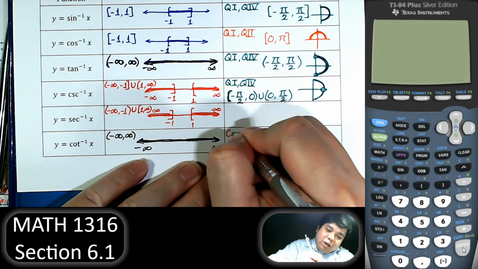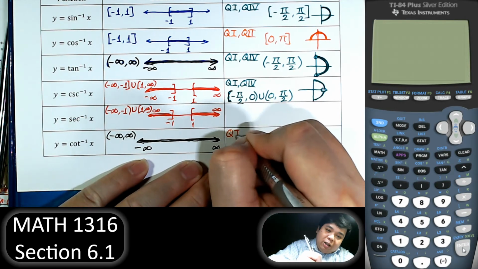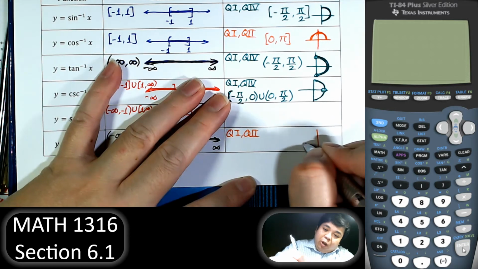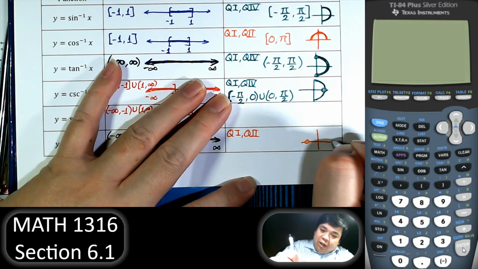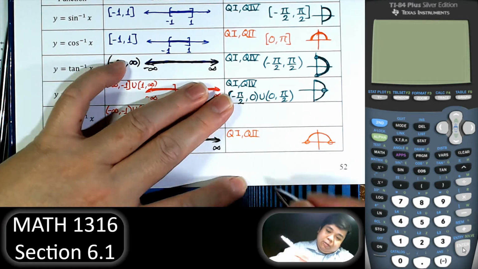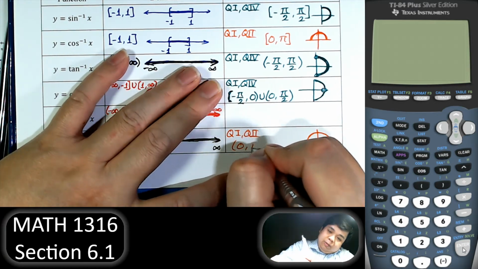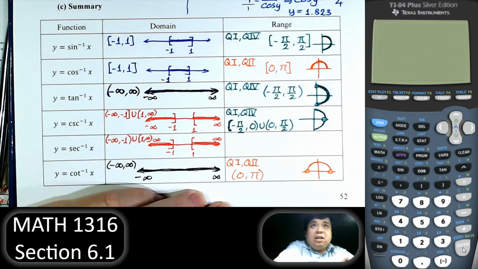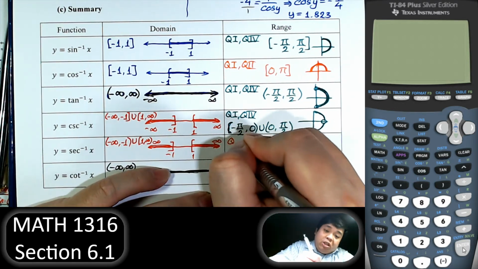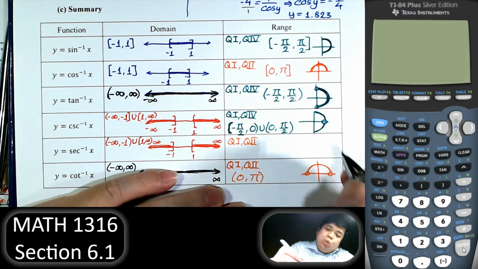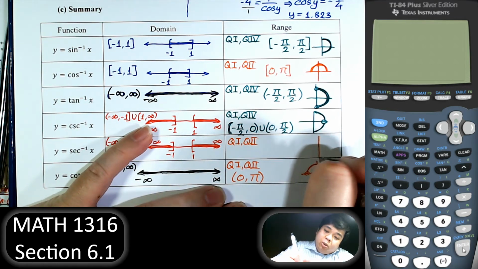Cotangent will be quadrant 1 and quadrant 2, but we do not include the endpoint. And for secant, reciprocal of cosine, still in quadrant 1 and quadrant 2, but we do not include the midpoint.